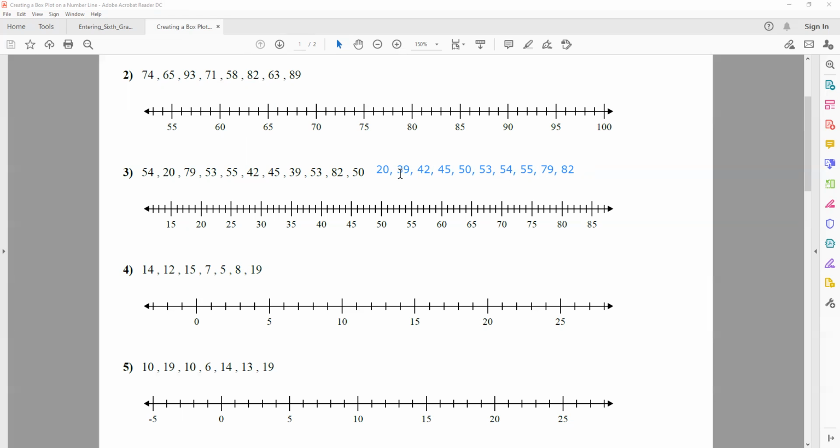20, 39, 42, 45, 50, 53, 54, 55. Wait, what else is missing? 54. There's 253, okay?